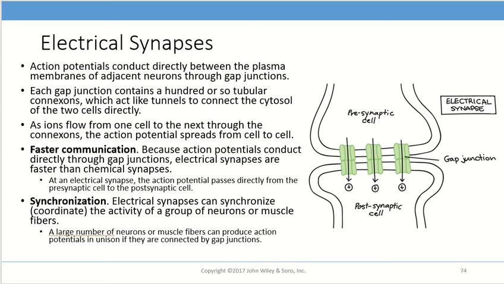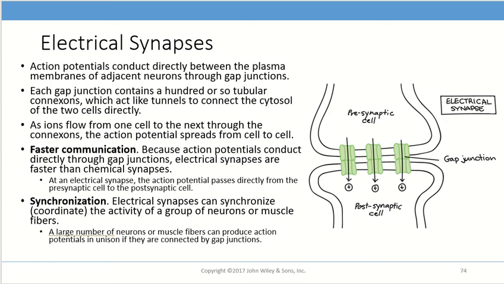There are 2 big benefits for electrical synapses. And the first is going to be faster communication. So because action potentials are going to conduct directly through those gap junctions, electrical synapses are going to be faster than chemical synapses. So at an electrical synapse, the action potential is going to pass directly from the presynaptic cell to the postsynaptic cell.